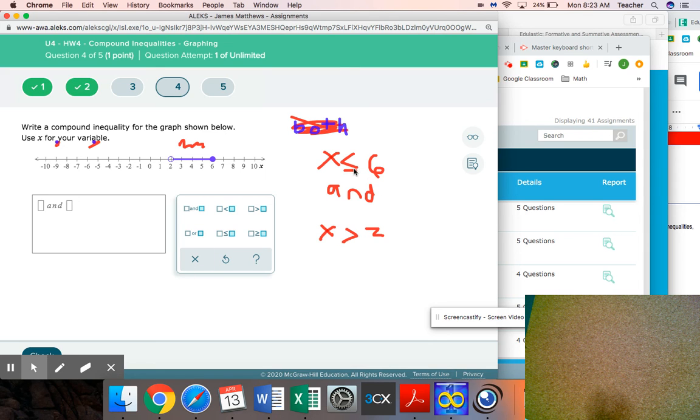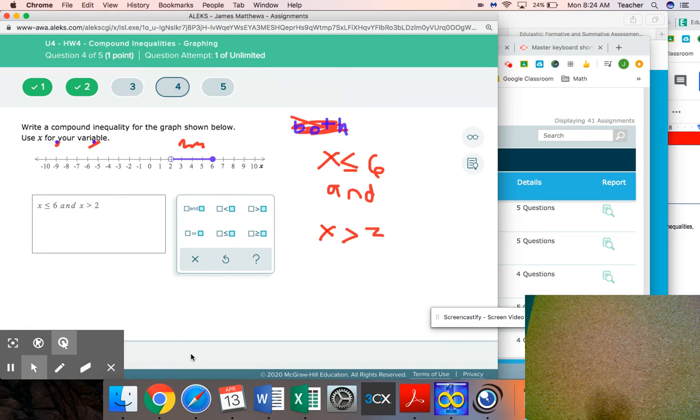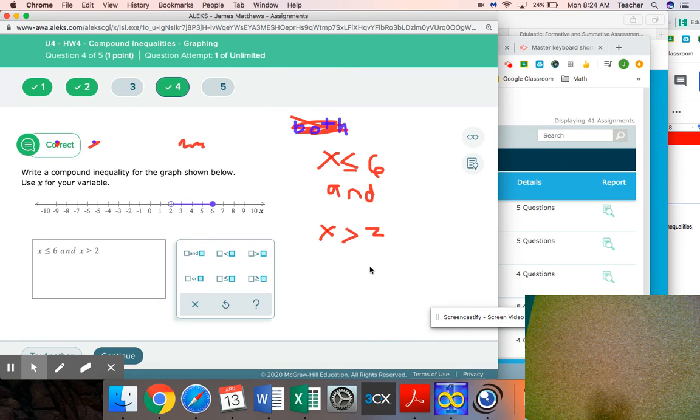And so with that said, I need this one, and I need this one. Over here I have an x, and it's less than or equal to 6. And at the same time, I have my x's greater than 2. All right. Gotta wait, be patient. Boom. And we're good. And we're done.